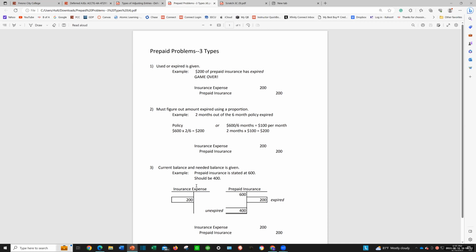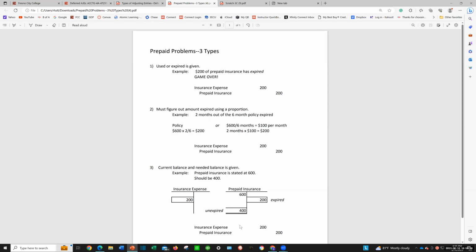Matter of fact, you have 2 of them, one for insurance expense, one for prepaid insurance. Prepaid insurance is stated at 600, so put it into your prepaid insurance T account, the asset, $600. But it should be 400. That's the unexpired amount, 400.